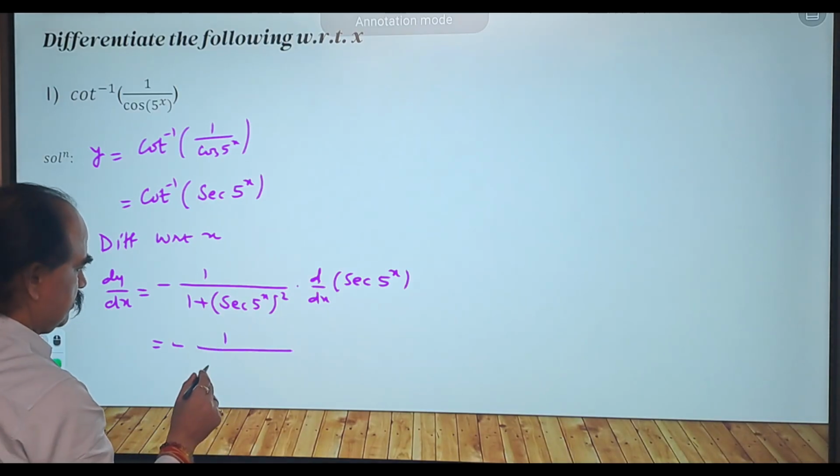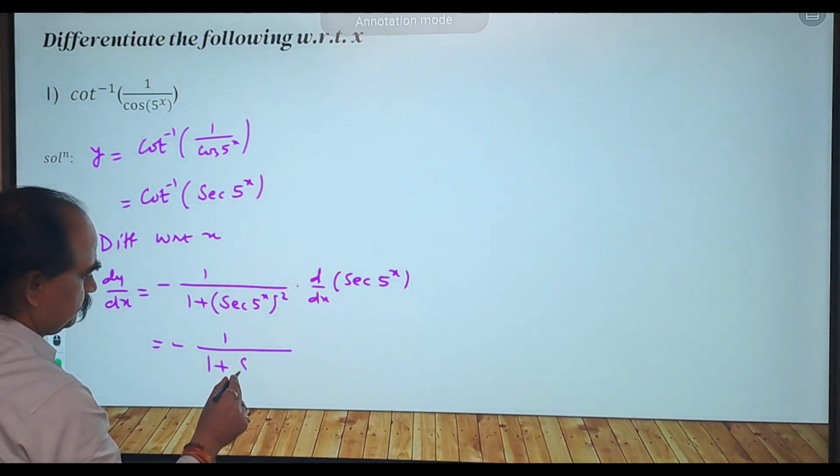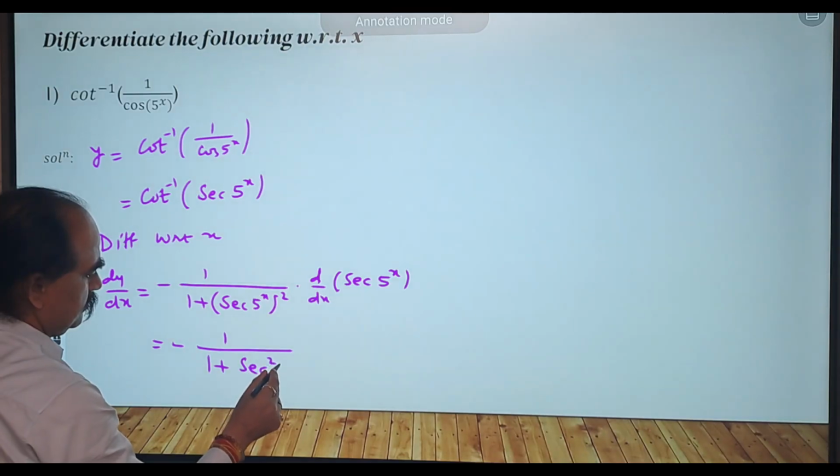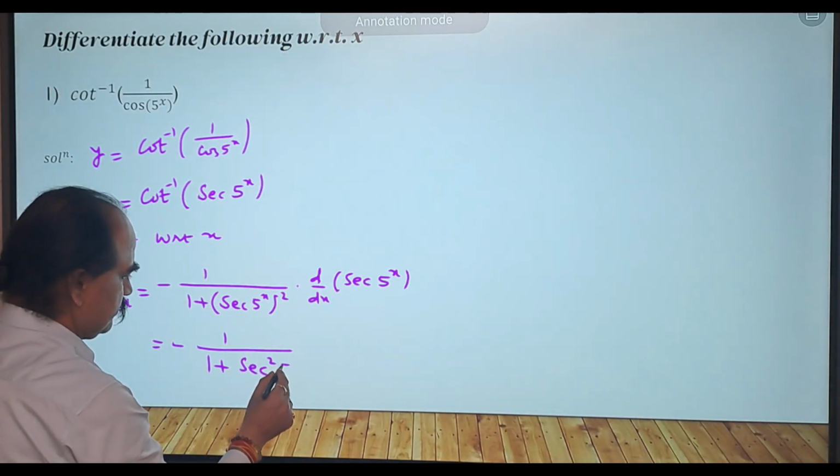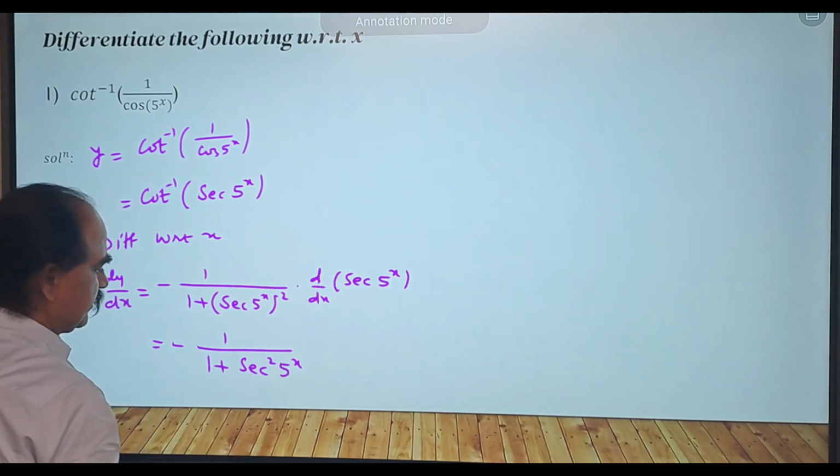Minus 1 upon 1 plus sec square phi raised to x.